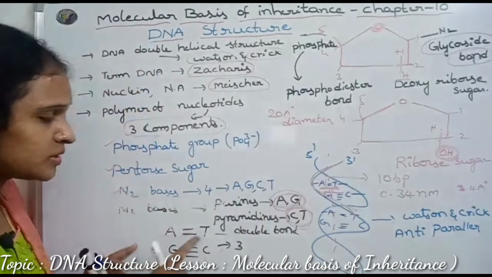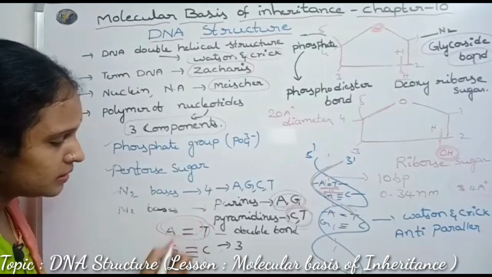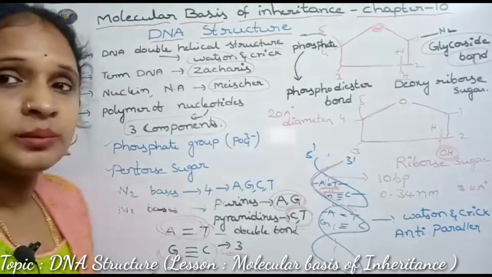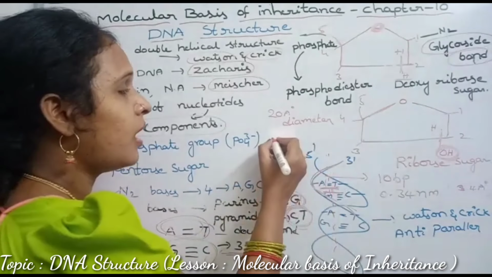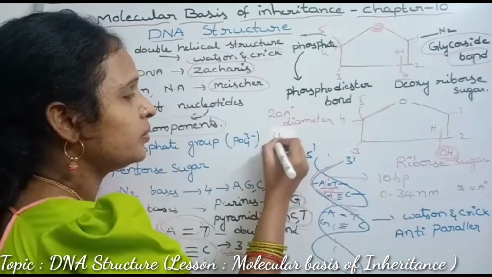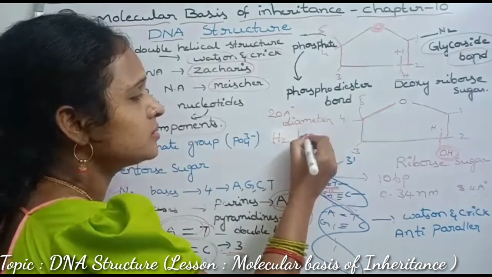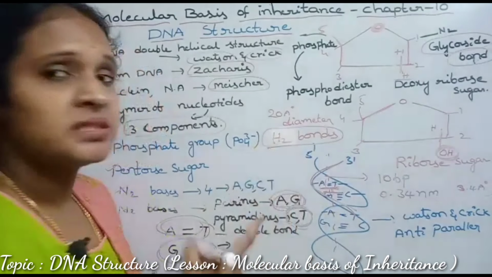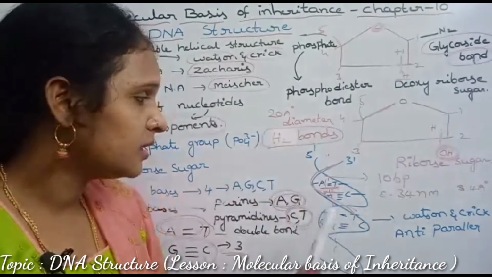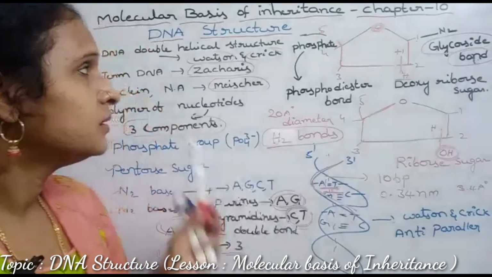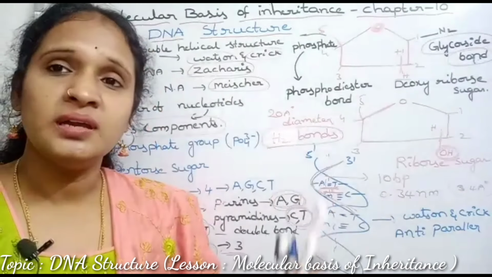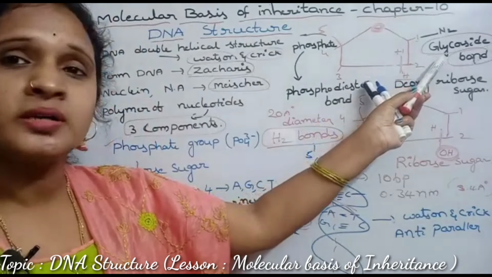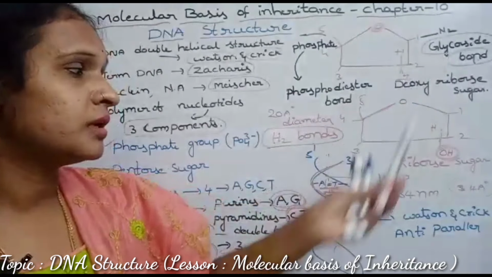Because of the hydrogen bonds in between, DNA is more stable compared to RNA. That is the total structure of the DNA. Important: glycosidic bonds carry 2 marks for the IPE exam and are MSET oriented.